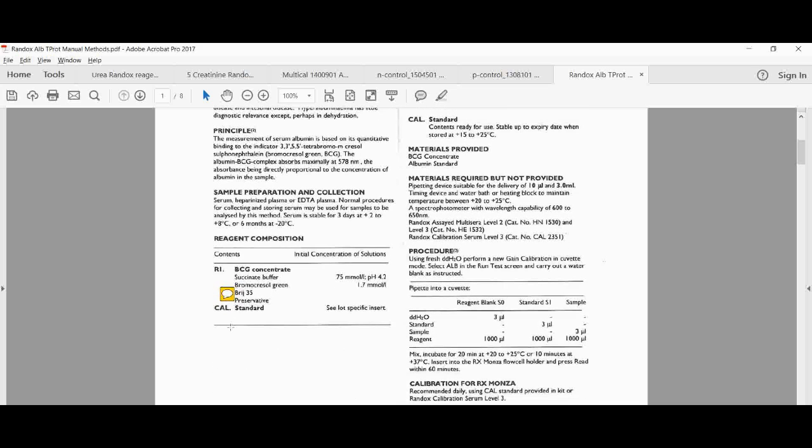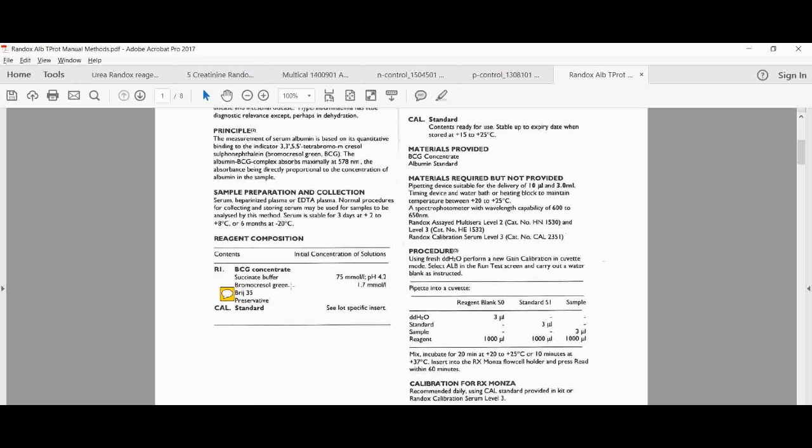The BCG reagent consists of R1, and R1 is labeled BCG concentrate, and that consists of a buffer with that concentration, 75 millimole per liter, and at that pH.